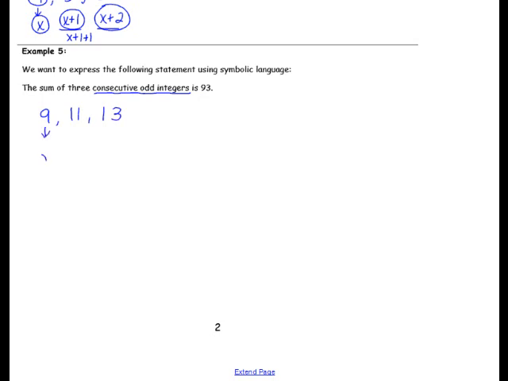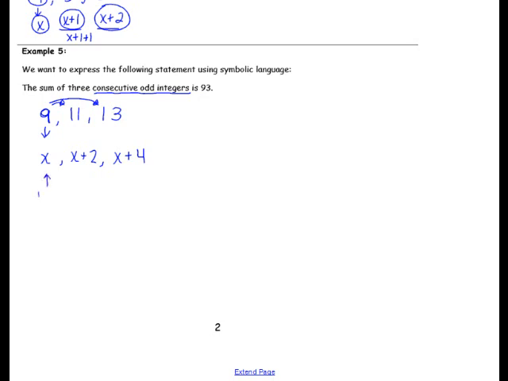Your first integer would be called x. Your second integer, in terms of x, is how many more? It is 2 more than the first. And then your third one, in relation to x, how much more is the third number than the first number? Well, 13 is 4 more than 9, so 4 more.